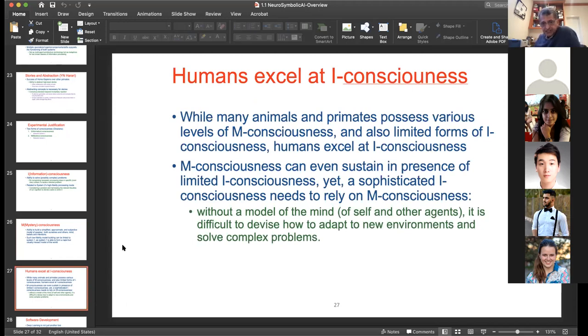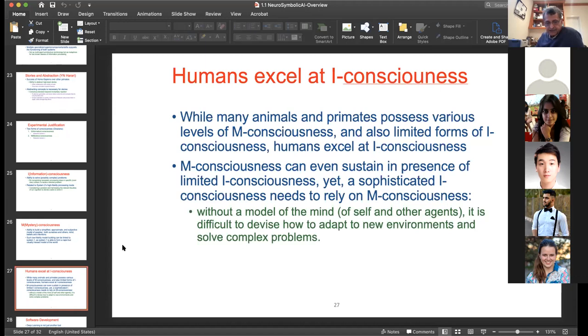M consciousness can even sustain in presence of limited I consciousness. Yet a sophisticated I consciousness needs to rely on M consciousness. So a person who can very quickly solve complicated problems still has to use some M consciousness.